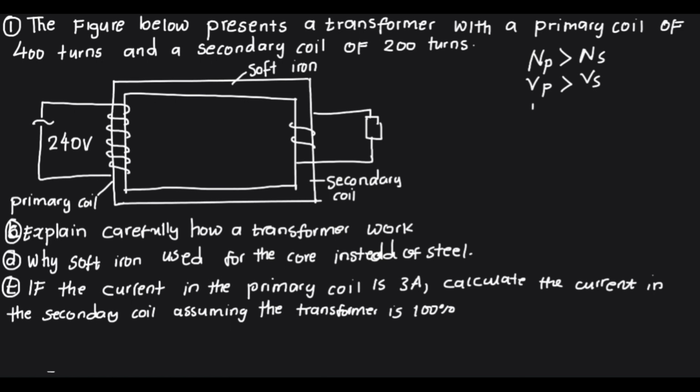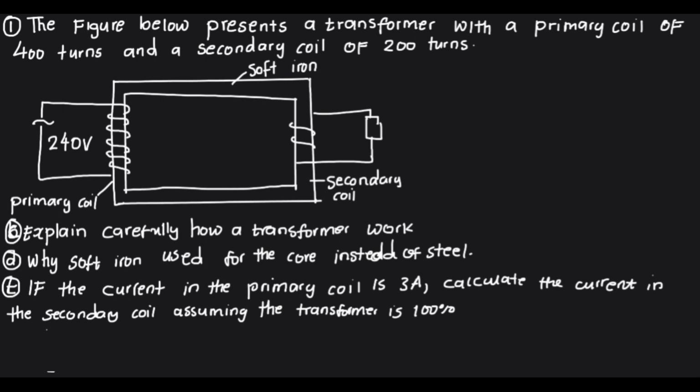Now for current, remember current will be opposite, so current on the primary must be less than that on the secondary coil. So we are expecting to have a number greater than the 3 amps.